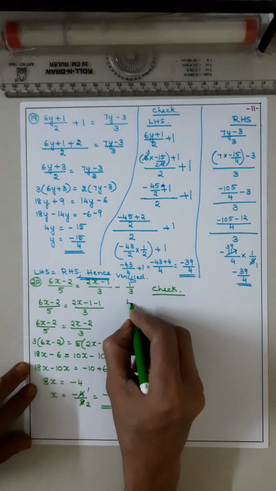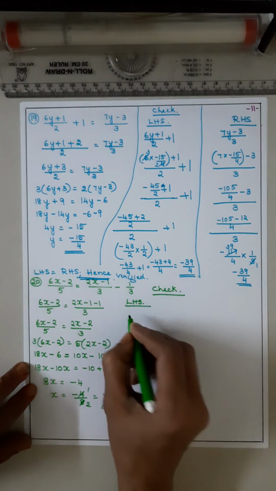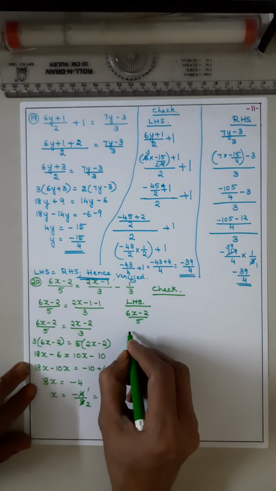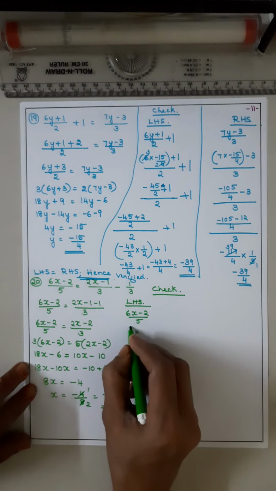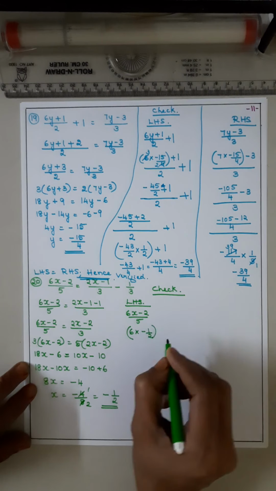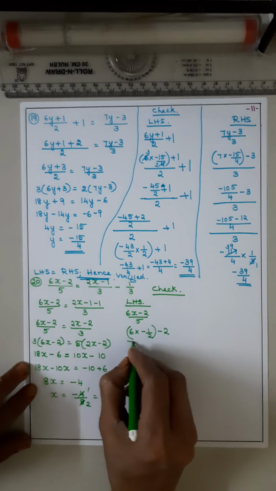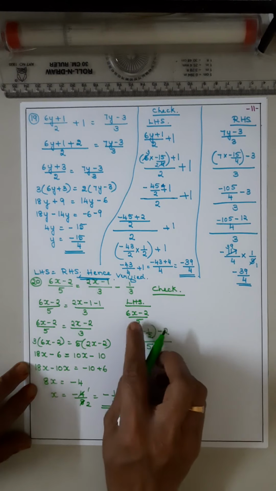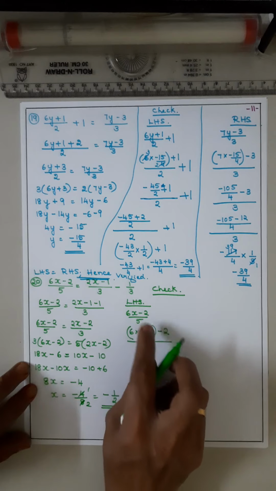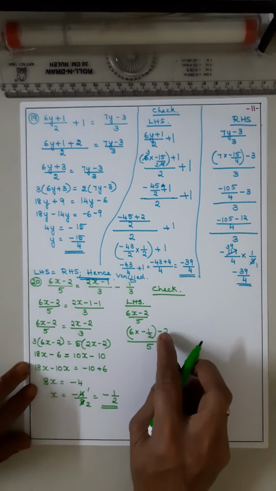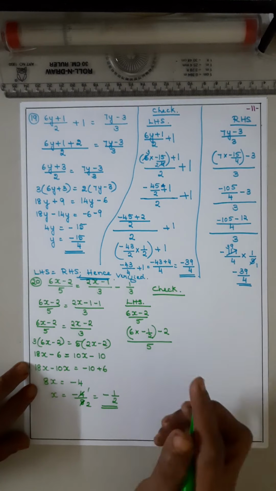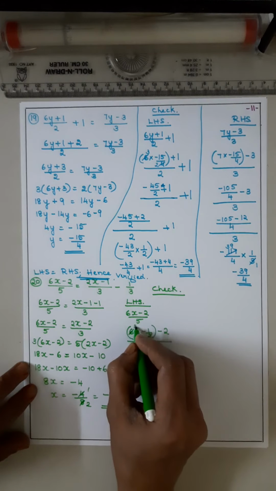It is LHS, 6x minus 2/5. Okay, 6 into, within the bracket, -1/2 minus 2/5. Understood? 6 into -1/2 minus 2, the whole divided by 5. 2 ones are 2, 2 threes are 6.